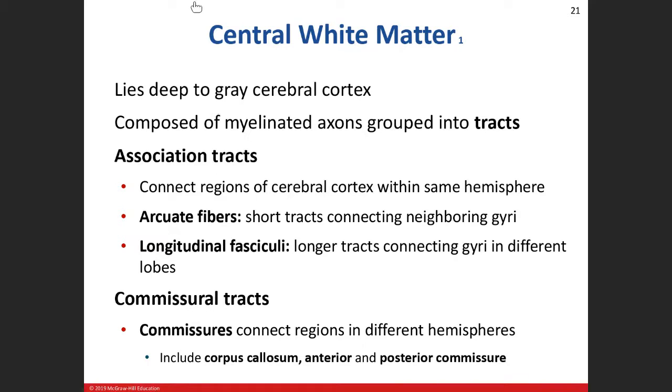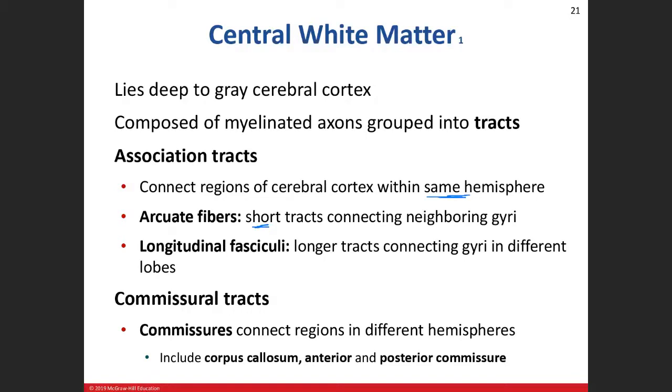Well, the association tracts, these guys are pretty cool because they're all going to stay within the same hemisphere. So they're just going to connect different regions of the cerebral cortex to one another, of the same hemisphere, okay? There's two subtypes. We have the arcuate fibers, which are the shorter ones, so they just connect one gyrus to its neighbor.